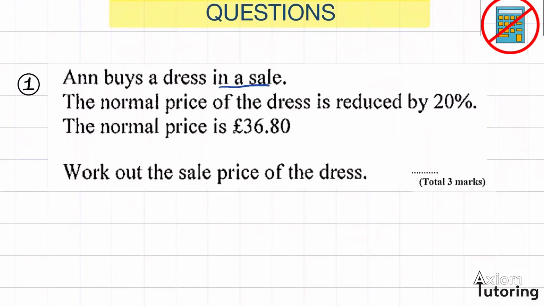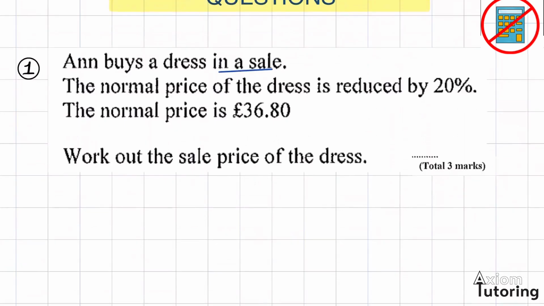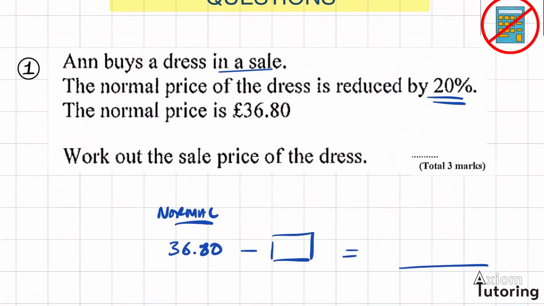Anne buys a dress in a sale. The normal price of the dress is reduced by 20%. The normal price before the reduction is £36.80, and we want to find out what to subtract from that to get the current price. Well, 20% is 10% times 2, so 10% of the quantity is this quantity divided by 10.